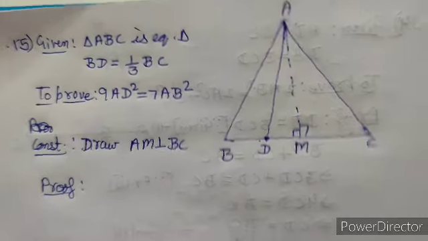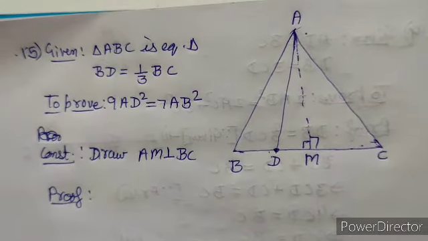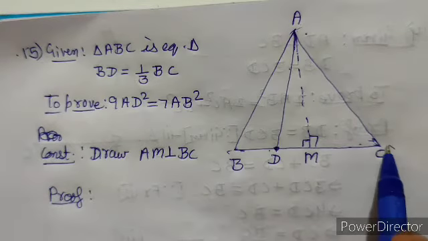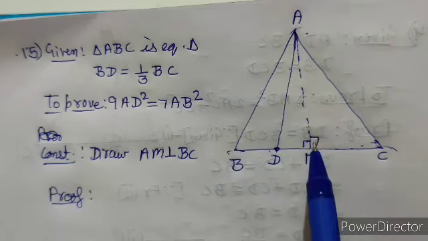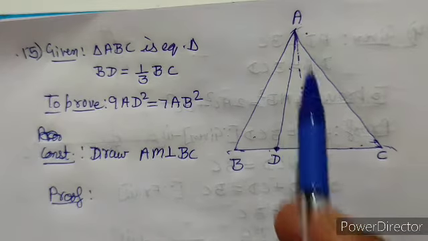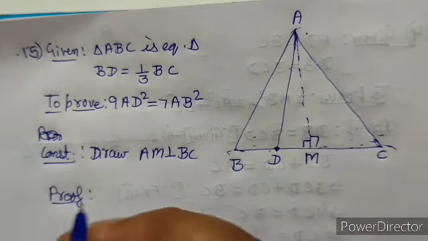First of all, AM is perpendicular to BC and ABC is an equilateral triangle, so we can prove that triangle AMB is congruent to AMC and so BM will be equal to CM.